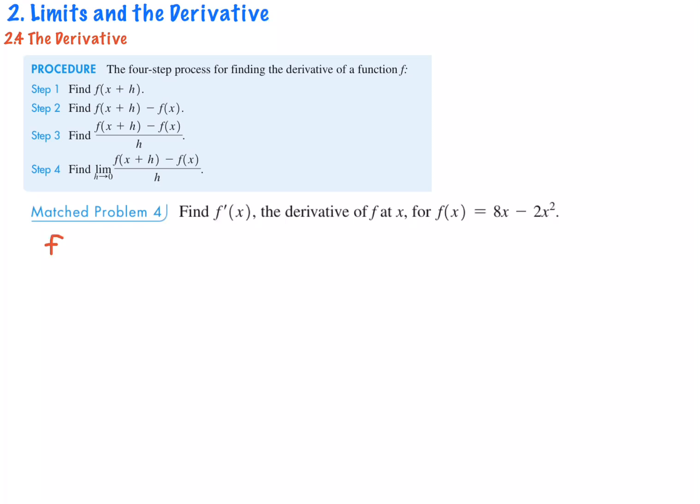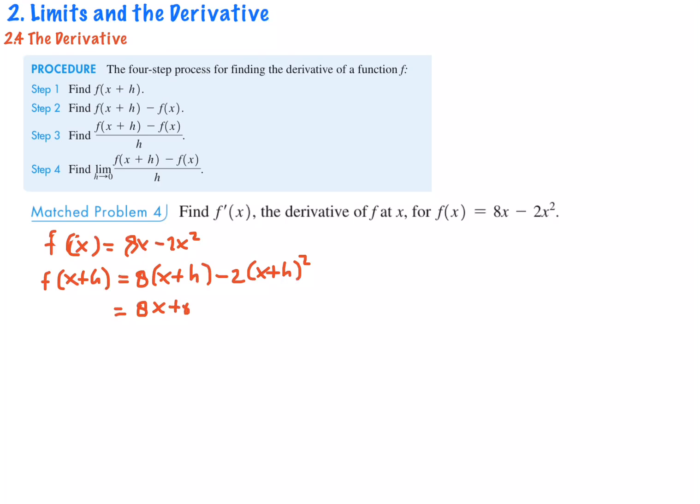We'll have f prime of x, f of x is equal to 8x minus 2x squared. Then let's define f of x plus h. Then it will be 8 times x plus h minus 2 times x plus h squared.